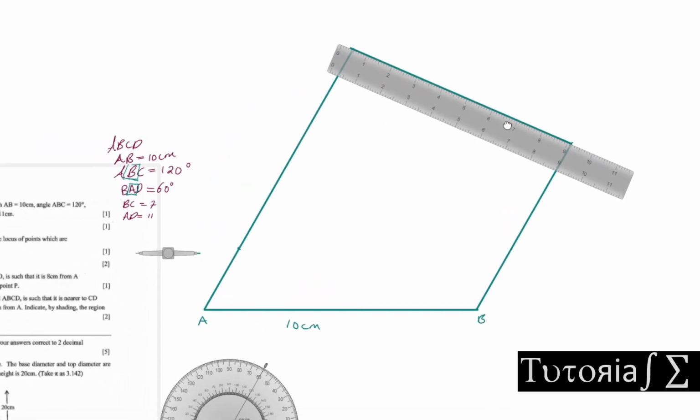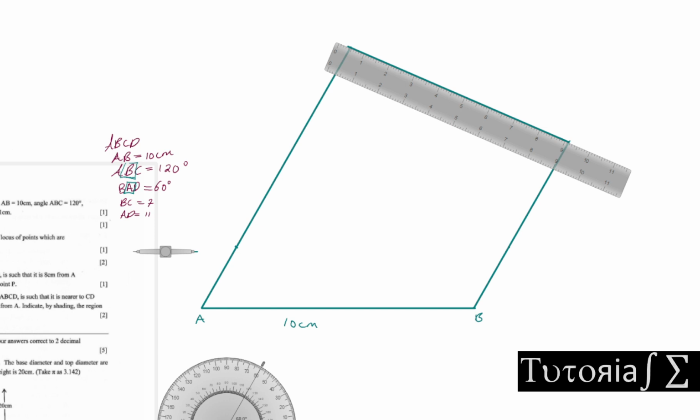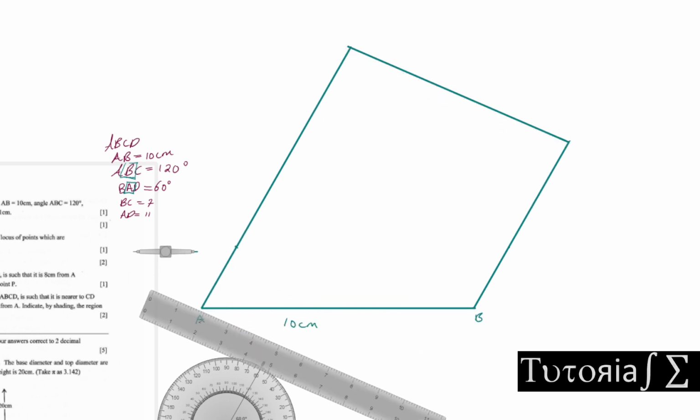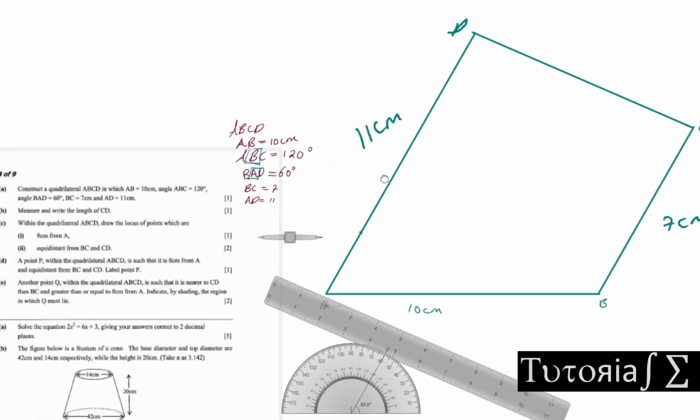So we just label it B, C. This is it. Okay. This is 7 centimeters. We're done with this part of the question.